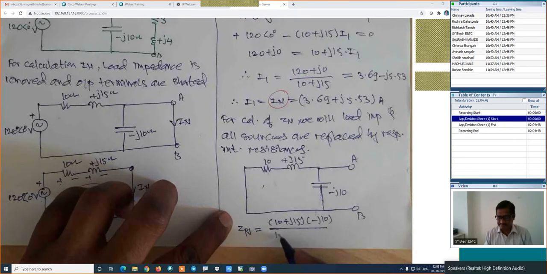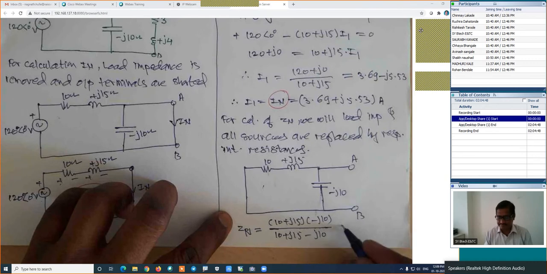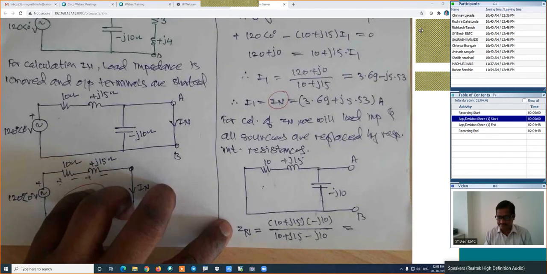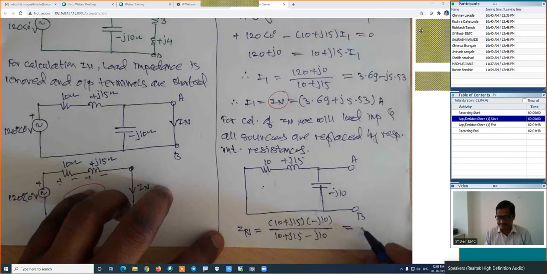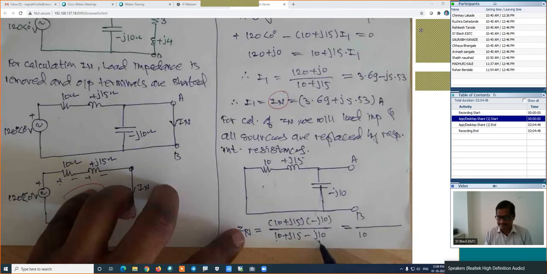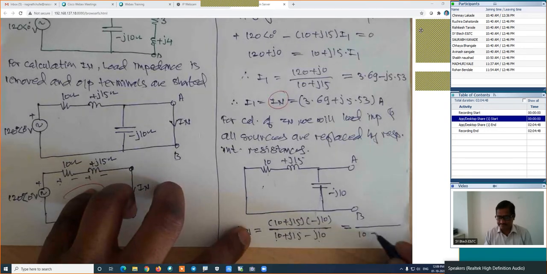Means 10 plus J15 into minus J10, divided by 10 plus J15 minus J10. Are you getting me? How much is the value? I will find out the denominator first. 10, this is the real part, same. Plus J15 and minus J10. Resultant value will be plus J5.